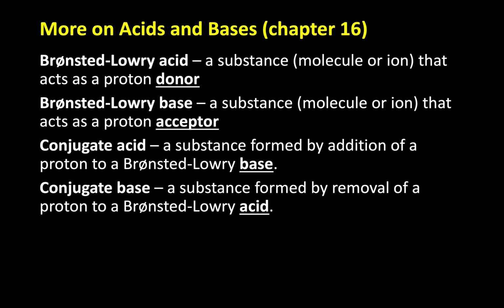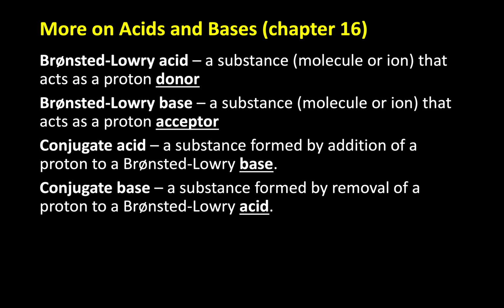Okay, last little bit here on acids and bases. You already read about this last week in your homework, but I just want to go over this again. Bronsted-Lowry acids are substances that act as a proton donor. Bronsted-Lowry bases act as a proton acceptor. Okay, these go along with conjugate acids and conjugate bases.